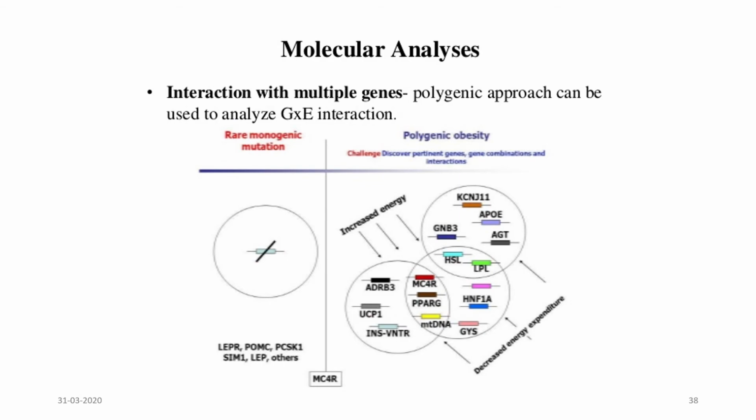The deficiency of POMC causes adrenal insufficiency and then obesity. These genes are directly related to MC4R, which is expressed in the hypothalamus, the melanocortin 4 receptor.